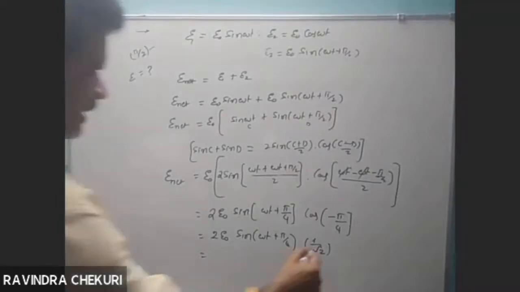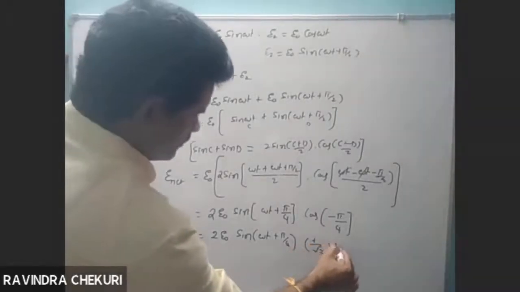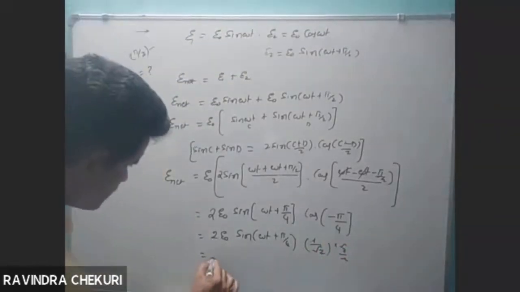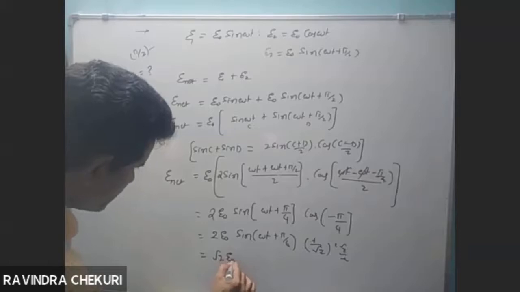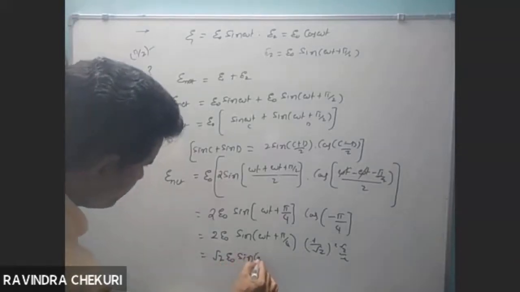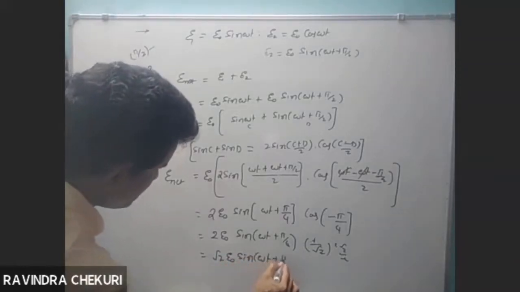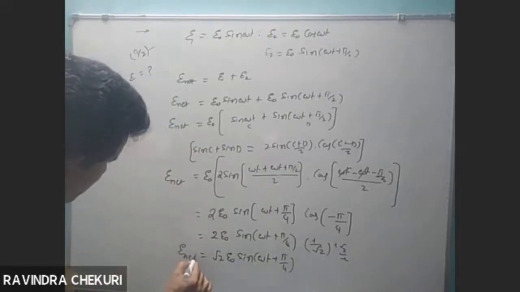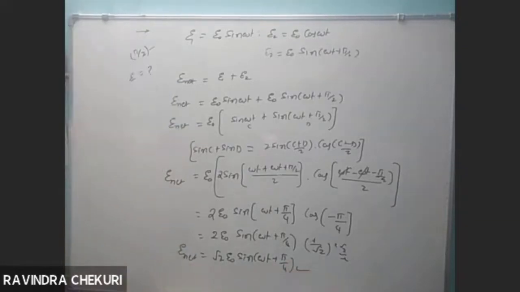Multiplying and dividing by root 2, root 2 into root 2 cancel, so root 2 E naught into sin of omega t plus pi by 4. This is the net value of EMF of the two waves.